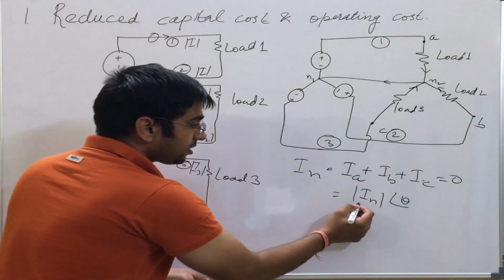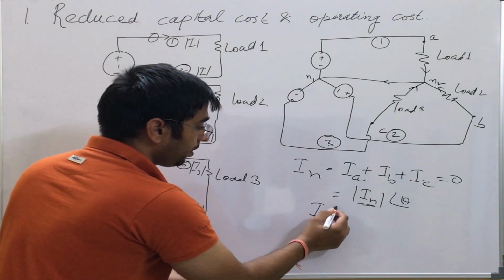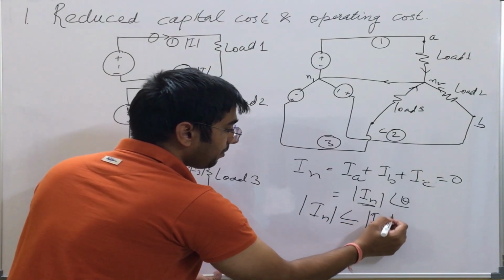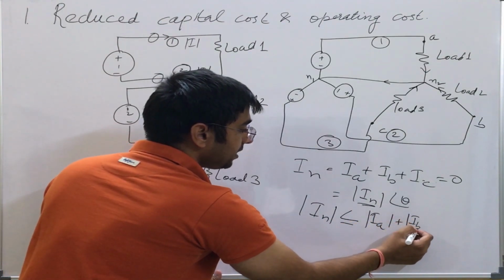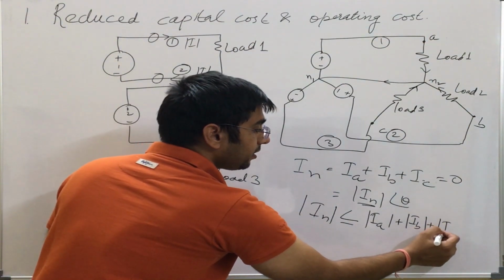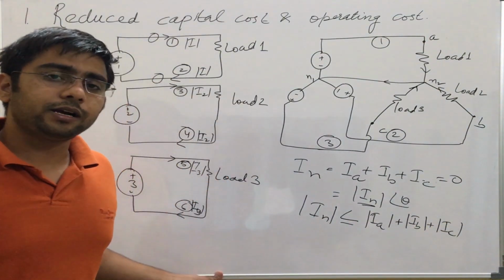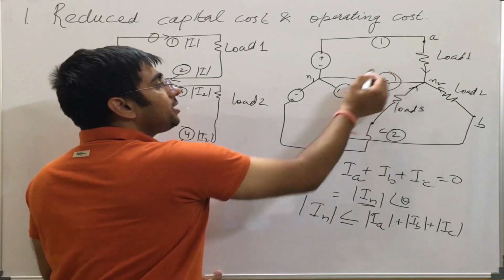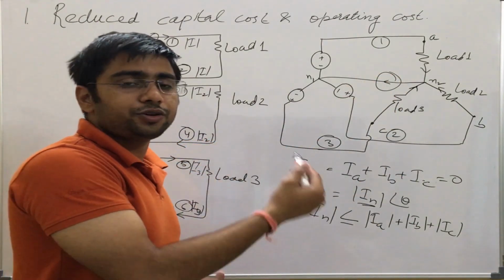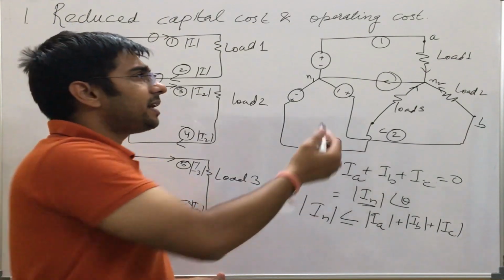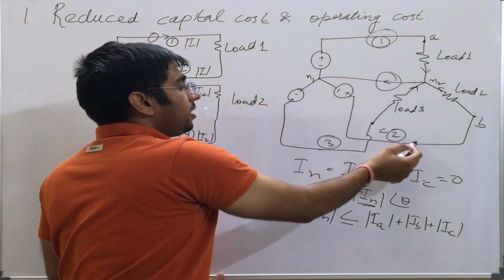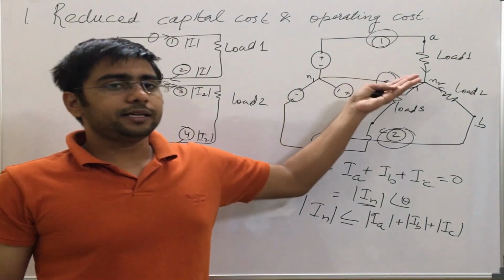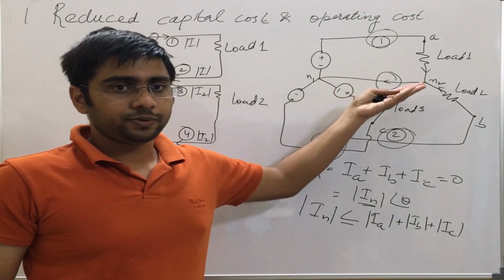So this magnitude will be less than or equal to the sum of these 3, since these 3 currents are at different angles. Because of that, the cross section or the ampacity of this neutral wire will be lesser than these 3 line wires, and the cost involved in this will be reduced.